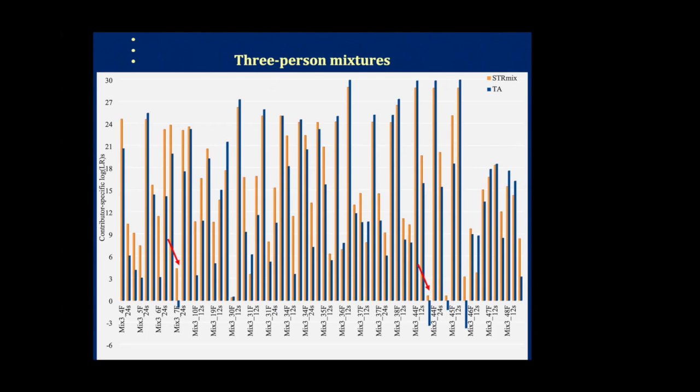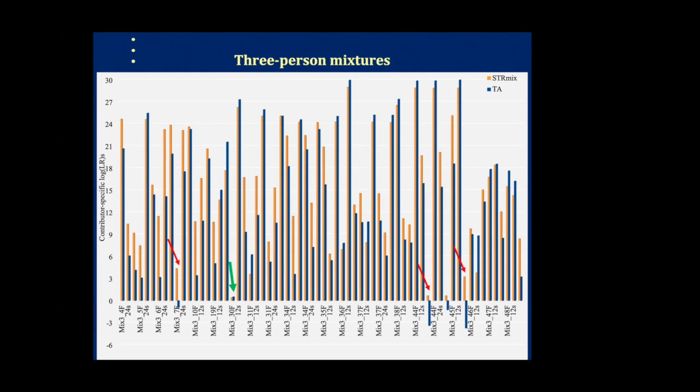And then mix 345F is one of the examples that was truly contradictory. It's just barely in the inclusionary range, just barely above log 3 in STRmix, and just below log -3 for TrueAllele. Okay, next slide.